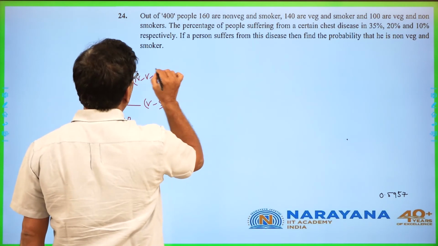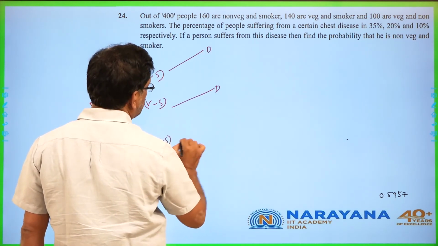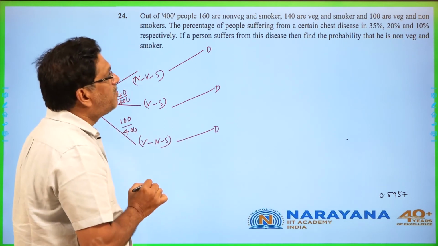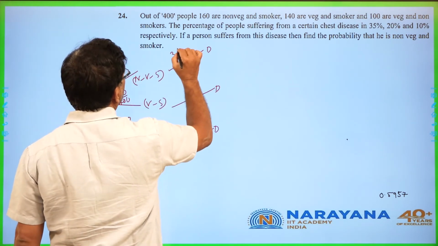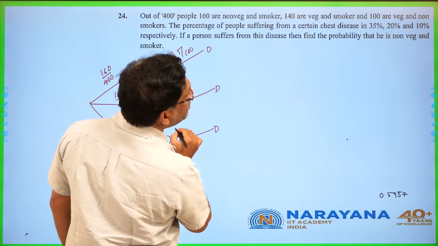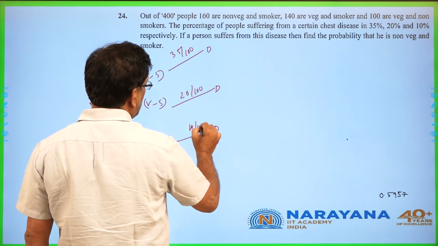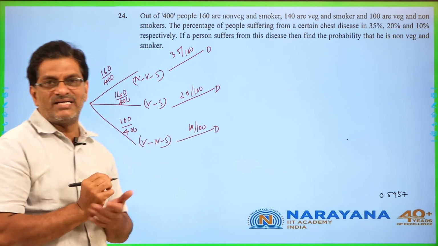So these people may get a disease. These people also may get a disease. But the ratio is 35 by 100, this is 20 by 100, right? This is 10 by 100. This is the data he has given.